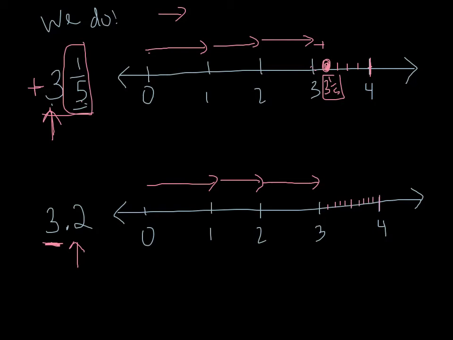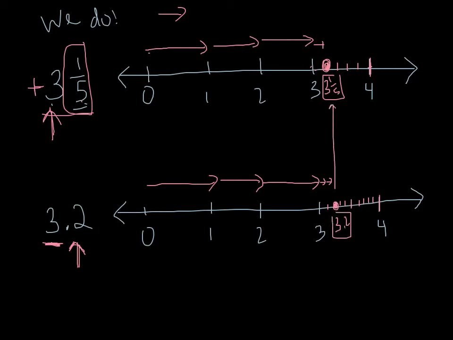That 10 lands on the full number because, again, it's the chunks I'm after. 10 chunks. Pretend those are nice and equal. Out of those 10 chunks, I have crossed over 2 of them. 3.2 is right there.